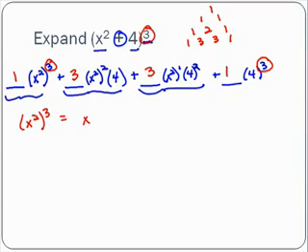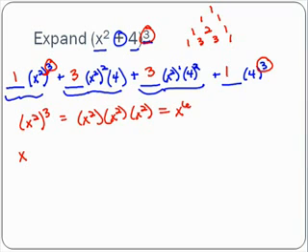Remember, that is x squared times itself 3 times. That gives us an x to the 6th. So the power to a power rule means we multiplied those 2 exponents together. So my first term is 1x to the 6th.